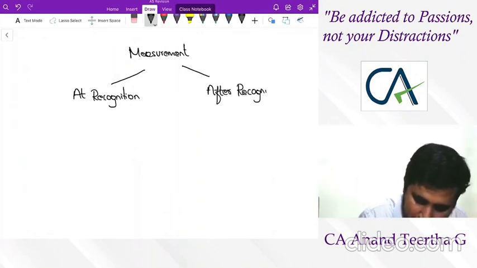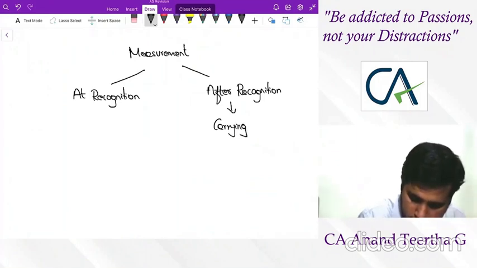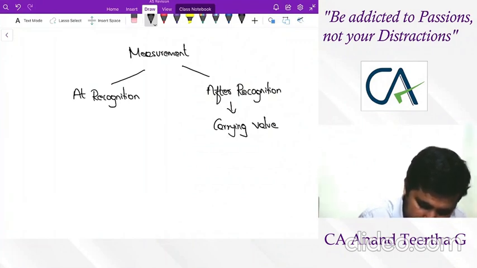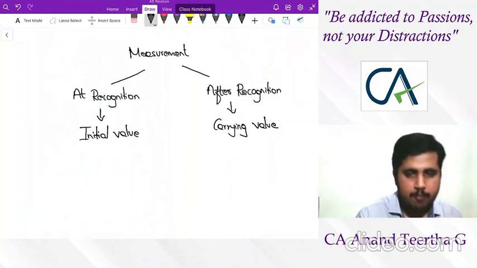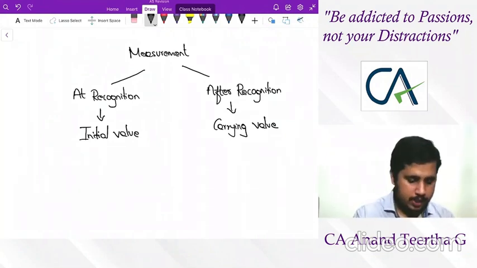So basically, after recognition talks about carrying value. At recognition mainly talks about the initial value for that asset.